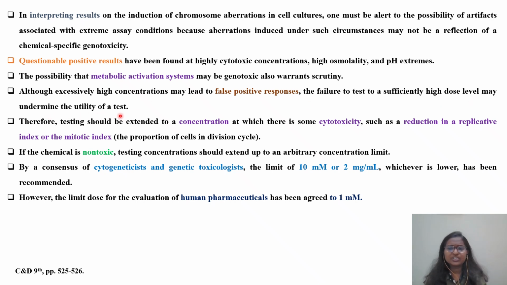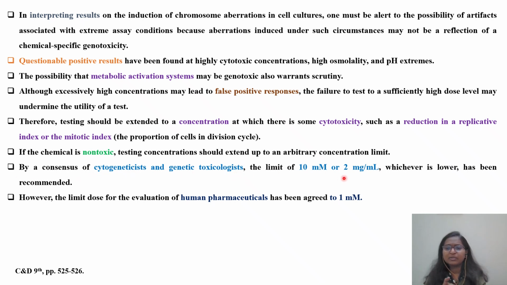So whenever you are doing this assay, you have to choose the doses which are causing cytotoxicity. Therefore, testing should be extended to a concentration at which there is some cytotoxicity. So you have to select the concentration which causes some cytotoxicity, such as reduction in the replicative index or the mitotic index, the proportion of the cells in the division cycle. If a chemical is non-toxic, testing concentration should be extended up to an arbitrary concentration limit set by a consensus of cytogenetics and genetic toxicology.